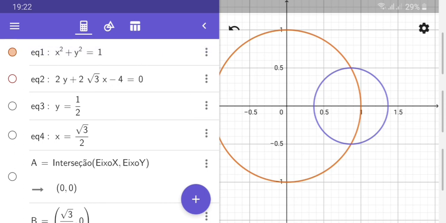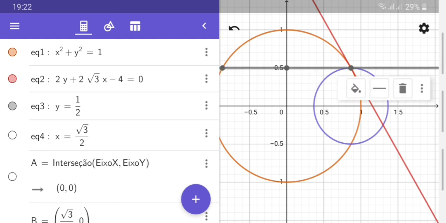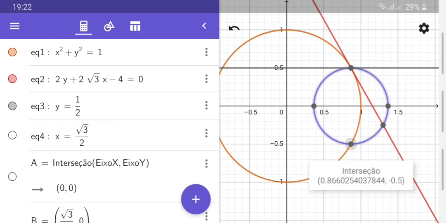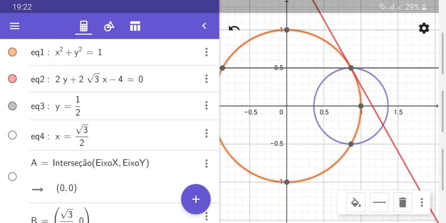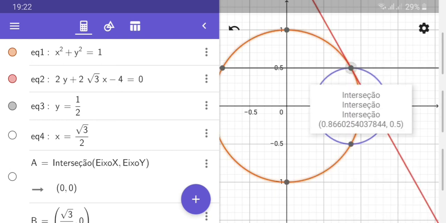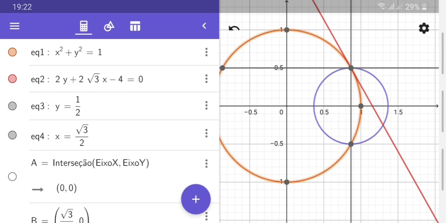Now over here I have the equations of the tangent lines. I can do a whole video about just finding tangent lines to the circles, okay? So you can see that this black line is the tangent line to the blue circle, the red line is the tangent line to the orange circle, this is the point of intersection over here, and here we have the line that goes through the center of this circle.